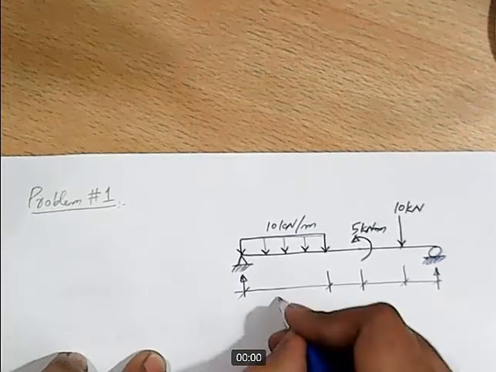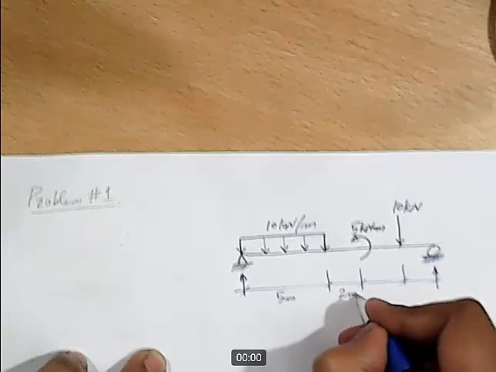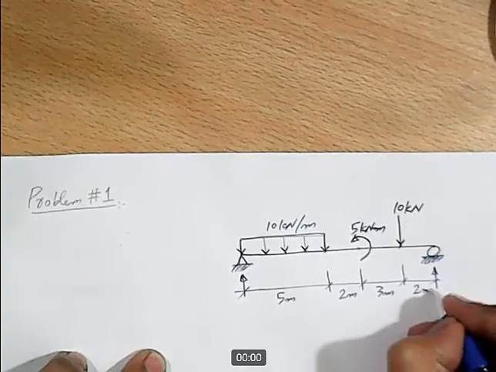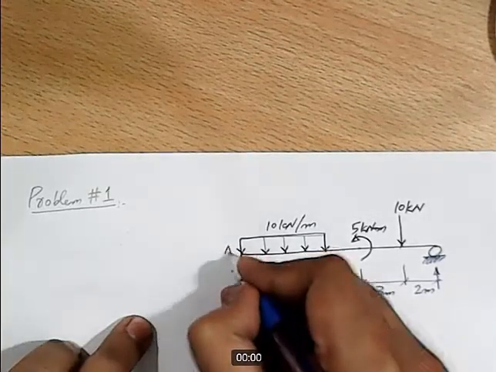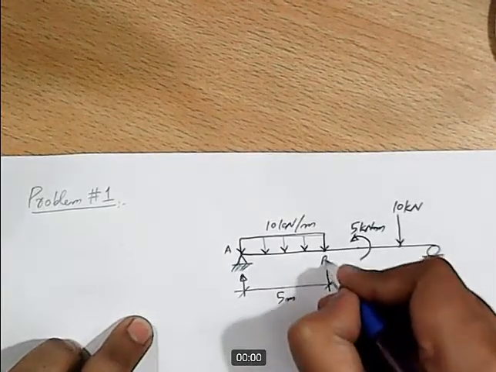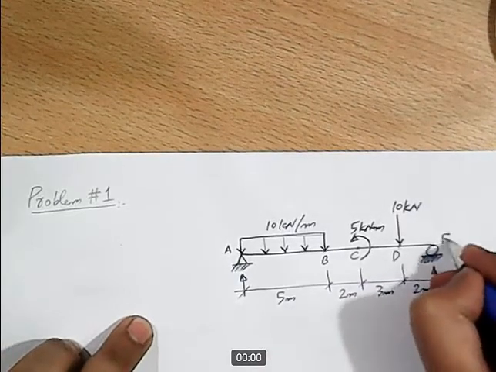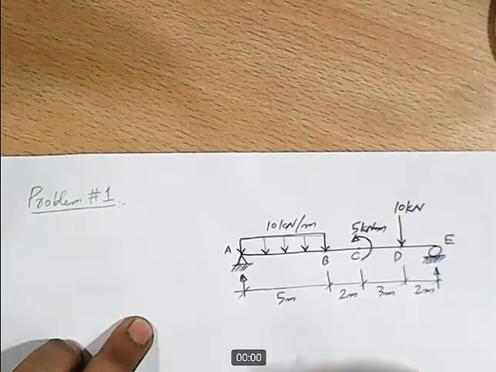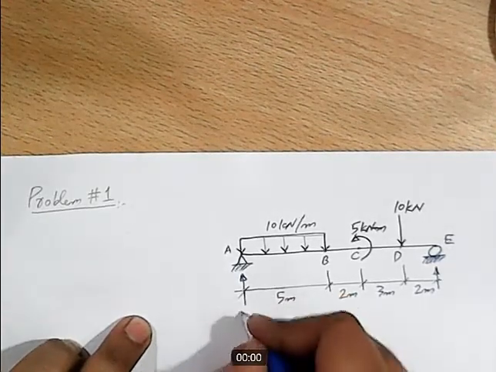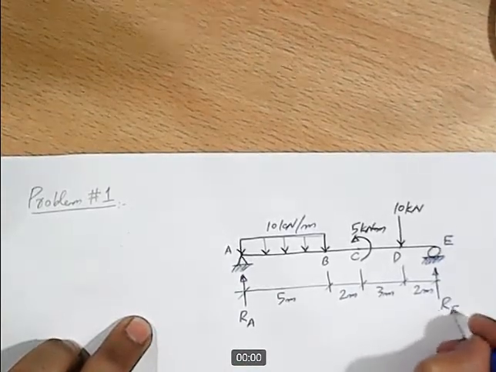The first one is 5 meters, then 2 meters, 3 meters, and 2 meters. We can label this point as point A. This is point B, C, D, and E. We can call this reaction RA and this reaction RE.